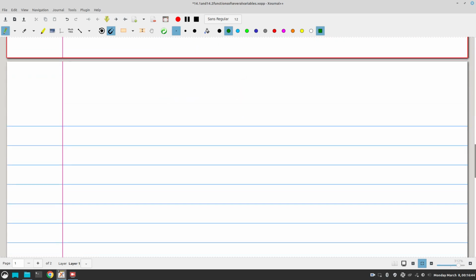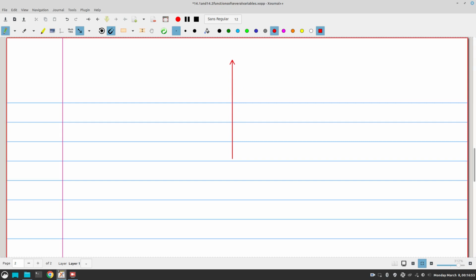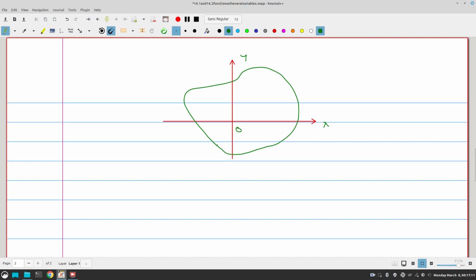Now this can be represented diagrammatically as follows. You draw the axes first, the y-axis, the x-axis, the origin. You take this to be the domain, for example. Since the domain consists of ordered pairs of two numbers, you can represent it diagrammatically. Just draw a few lines here to represent that this shaded area is the domain of the function.